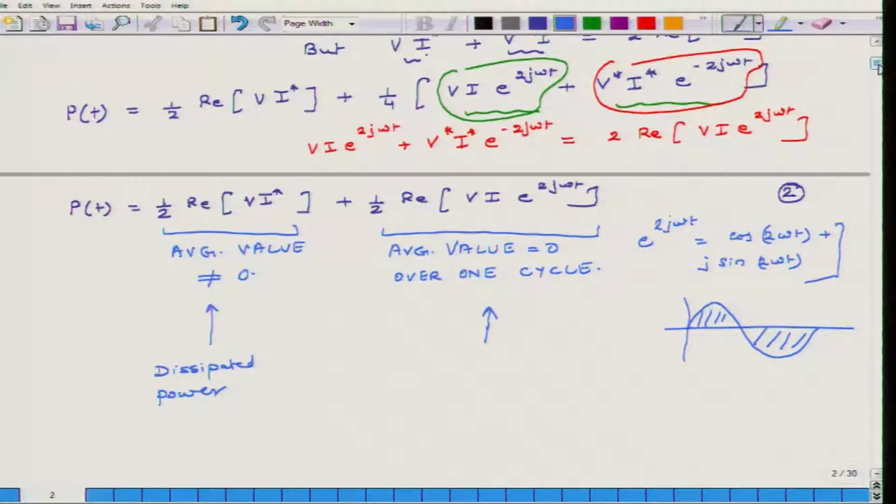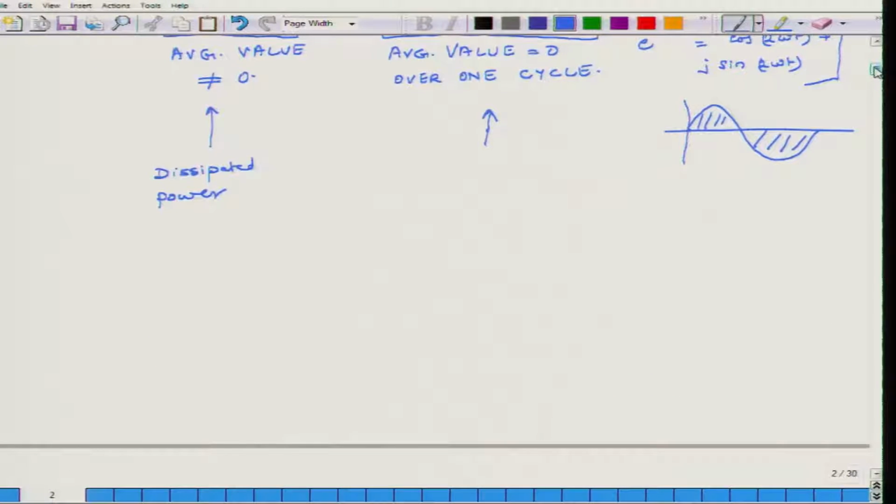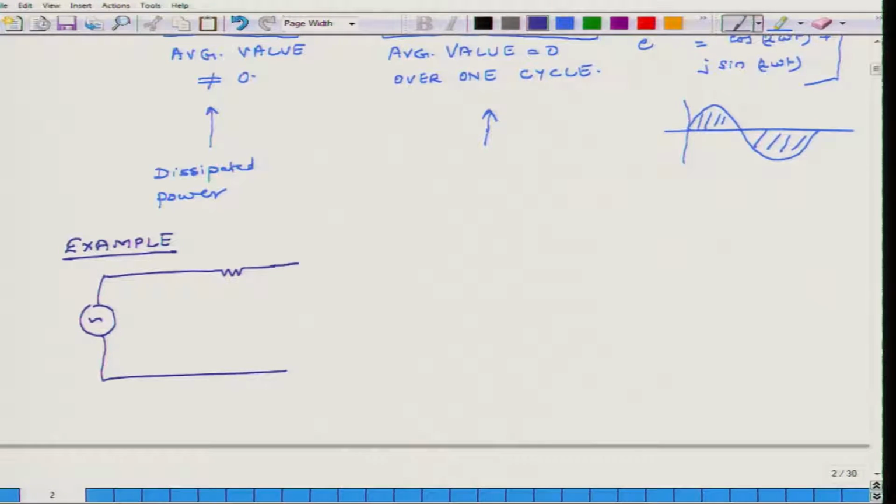So, now let us do an example. We have an AC source, and the overall circuit of the system is very simple.